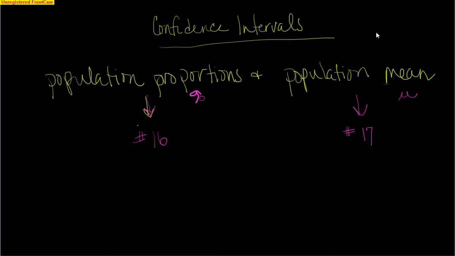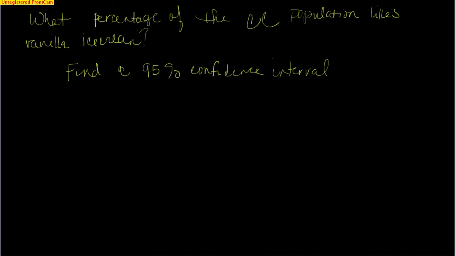So before we actually discuss what is a population proportion and a confidence interval, let's ask a question, okay? Let's say I'm interested in knowing what percentage of the community college population likes vanilla ice cream. Well, we can't possibly go around to every community college in the country and ask people whether or not they like vanilla ice cream.